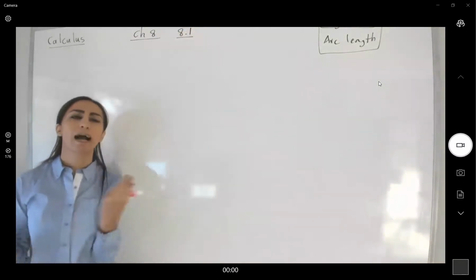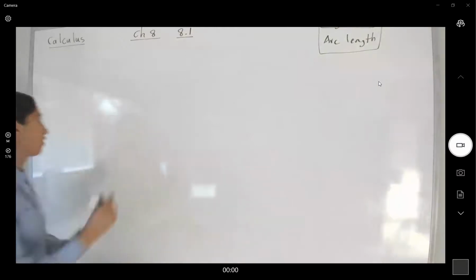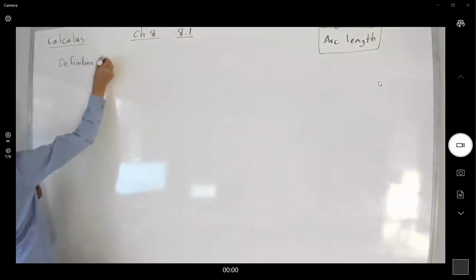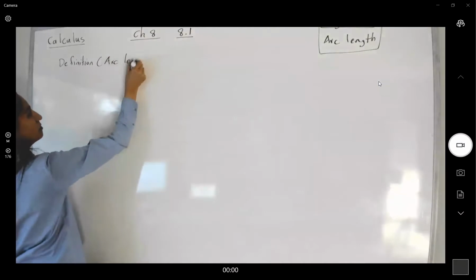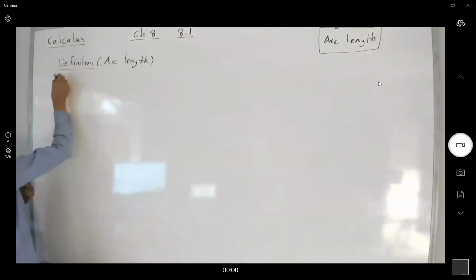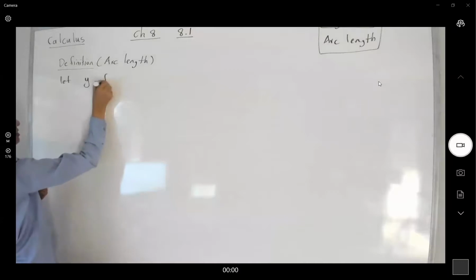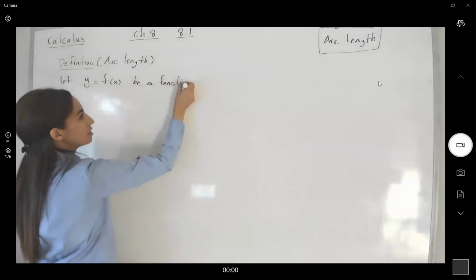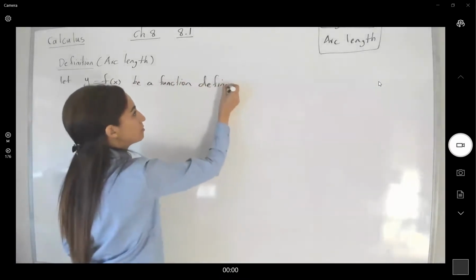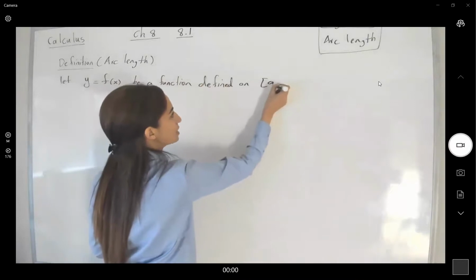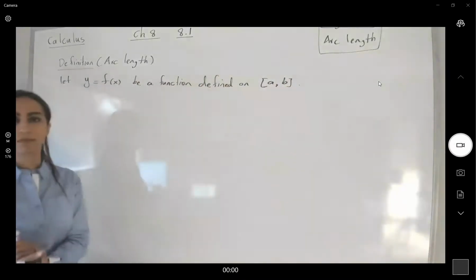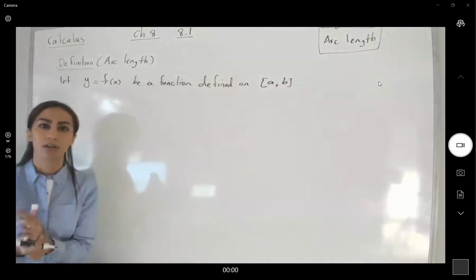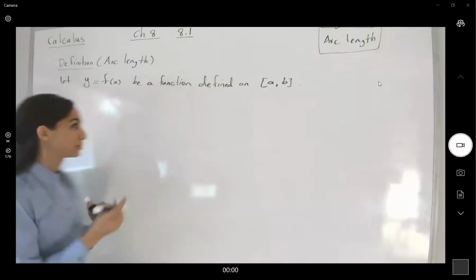Very well. Suppose you have a function y equals f of x. Let y equals f of x be a function defined on the closed interval a to b. Suppose the derivative of the function over the interval is continuous.